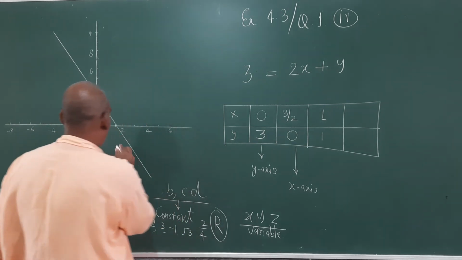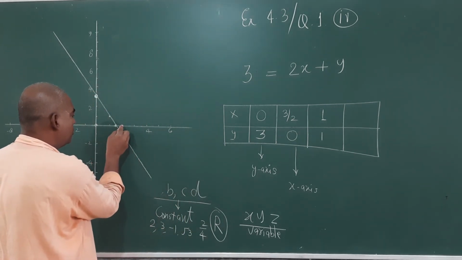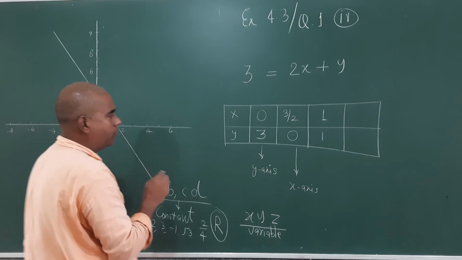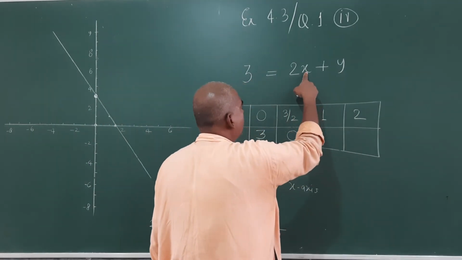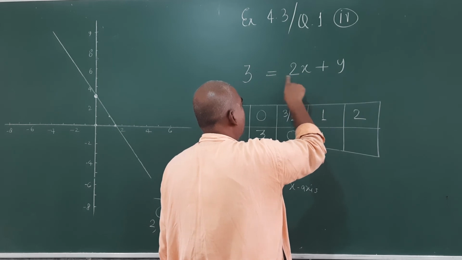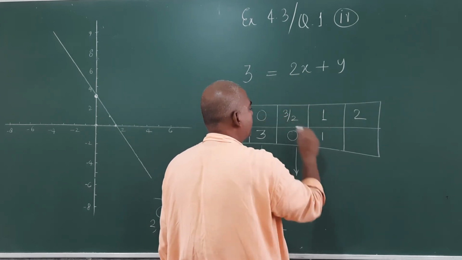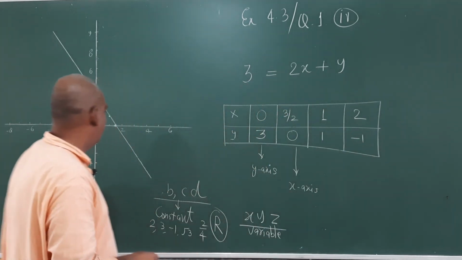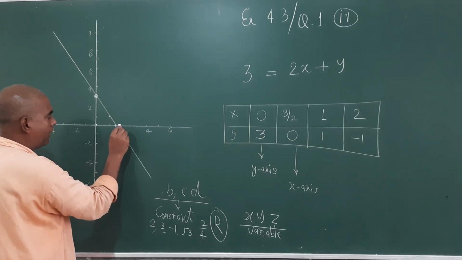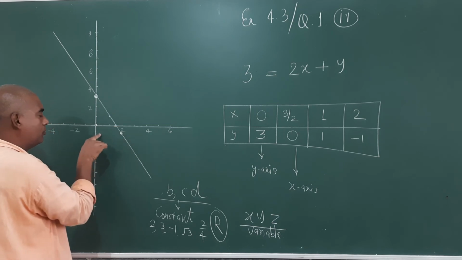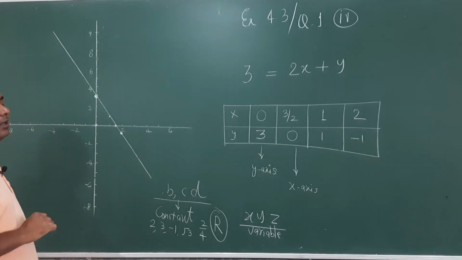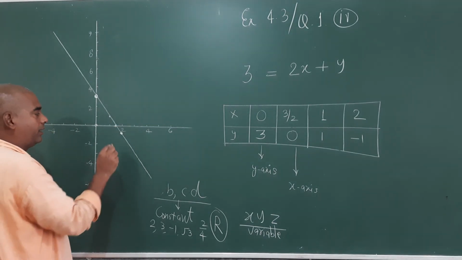When you take x equal to 2, y is equal to what? When x equal to 2, 2 into 2 is 4, and 3 minus 4 is minus 1, so y equals to minus 1. This is the point. So all the points lie on it.